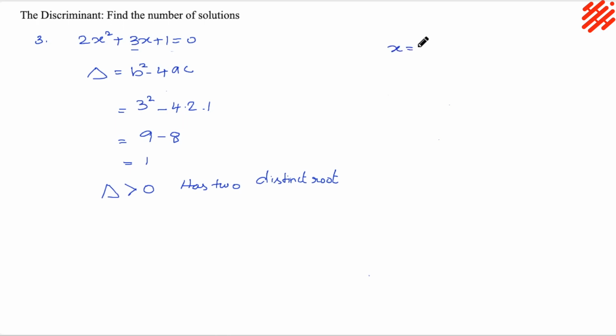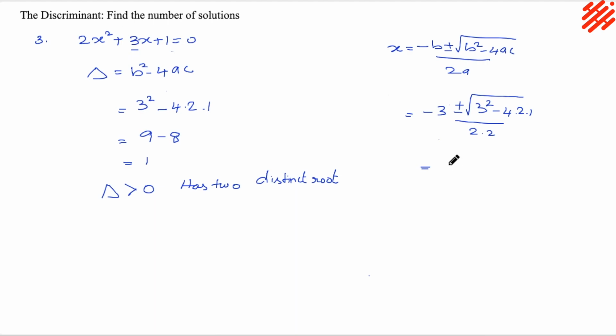So x equals minus b plus or minus root of b square minus 4ac divided by 2a equals minus 3 plus or minus root of 3 square minus 4 times of 2 and 1 divided by 2 times of 2.